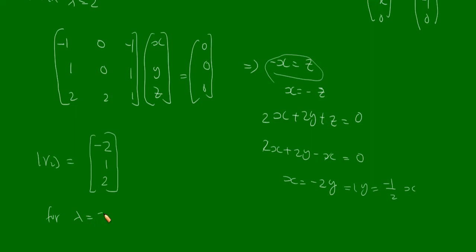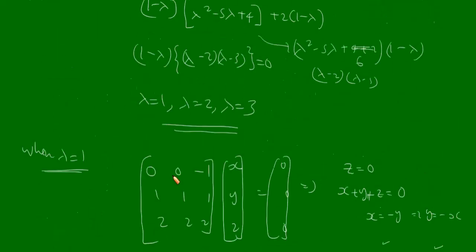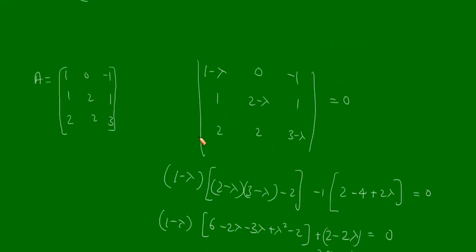So for lambda equal to 3, our matrix will be 1 minus 3, 0, minus 1, 1, 2 minus 3, here 3 minus 3, 0, and 2 minus 3 will be minus 1, here we will have 1 minus 3, that is minus 2.